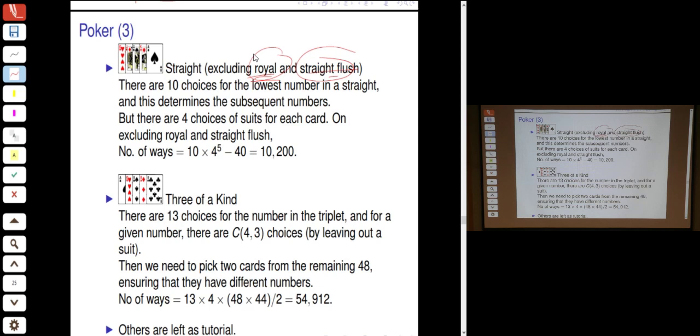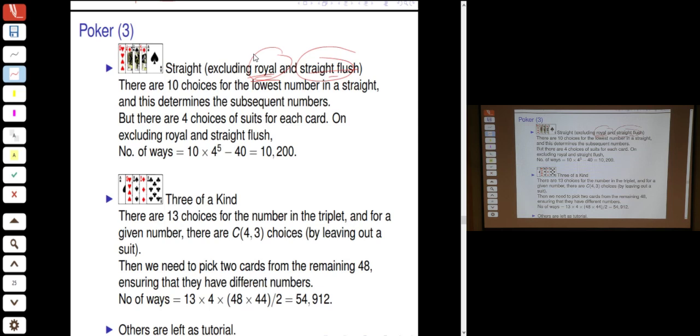Since the numbers are consecutive, the most important thing to look at is the lowest number, because once you have the lowest number, the other numbers will consecutively fall in line. If your lowest number is 10, then the next one has to be a jack, then a queen, then a king, and then an ace.